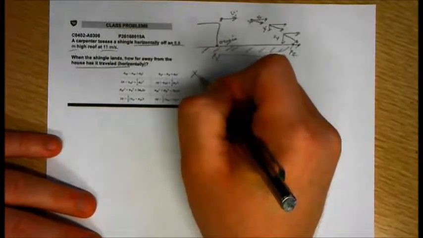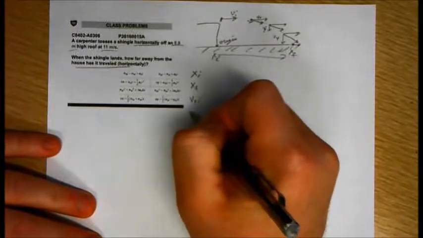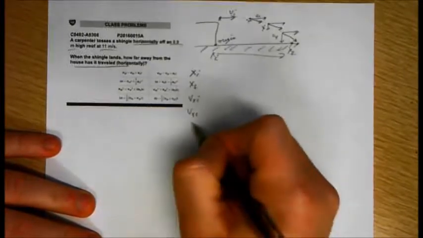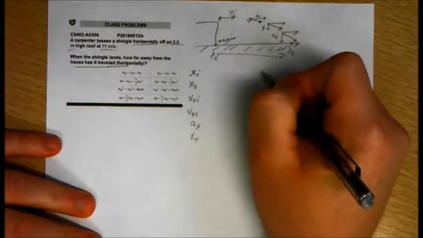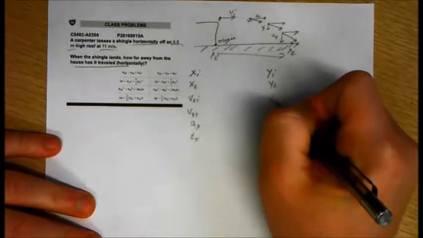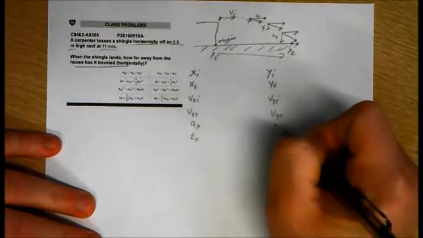Start by listing out all your kinematic variables: x initial, x final, Vx initial, Vx final, Ax, Tx. Go over into the y dimension: y initial, y final, Vy initial, Vy final, Ay, Ty.